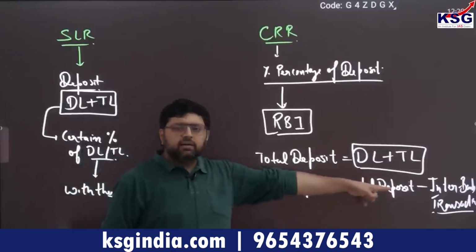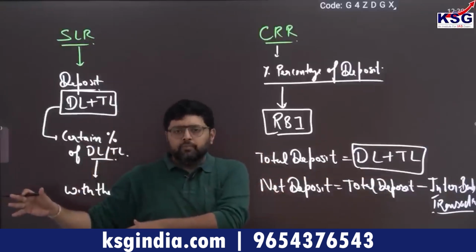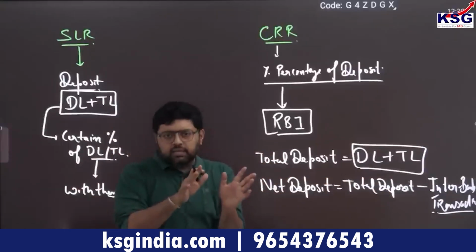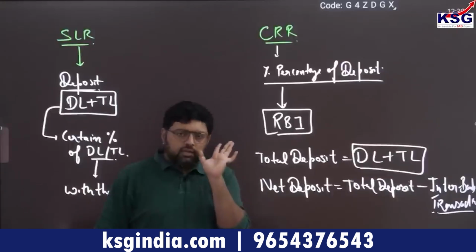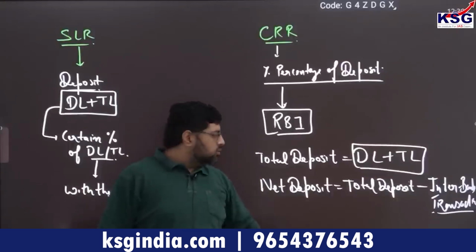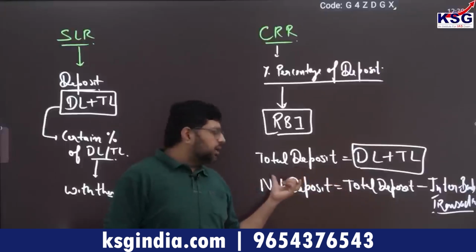Now what is an interbank transaction? If, suppose, SBI has given money to PNB, that is known as an interbank transaction. You subtract that from the total deposit, and whatever comes out is net deposit.